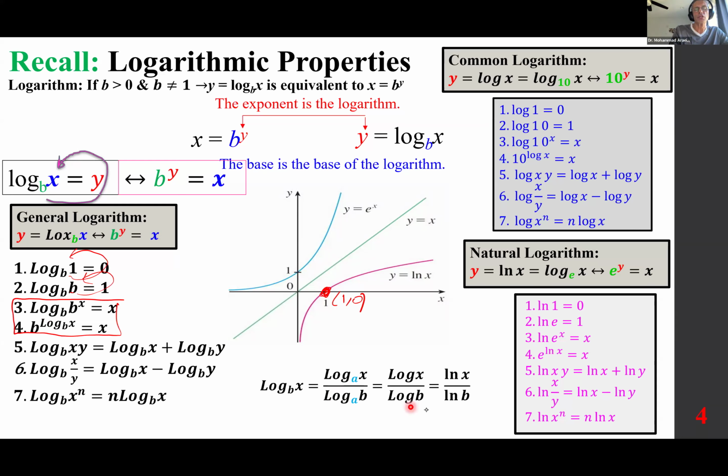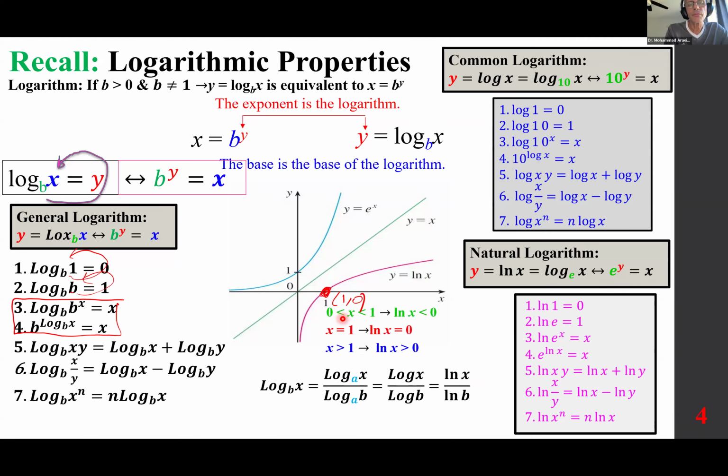And by the way, this is the change of base formula. Log x base b is log x over log b with any base a. We either choose common log or natural log for the sake of calculation.